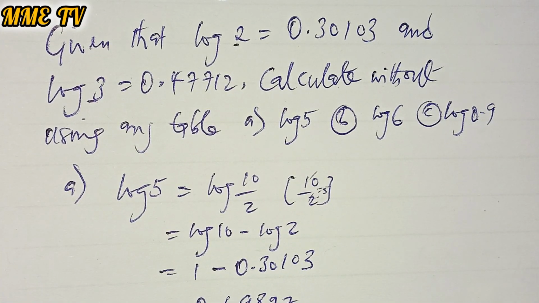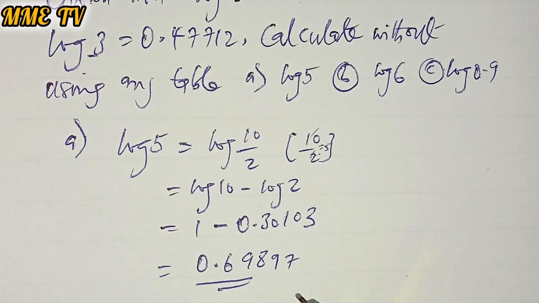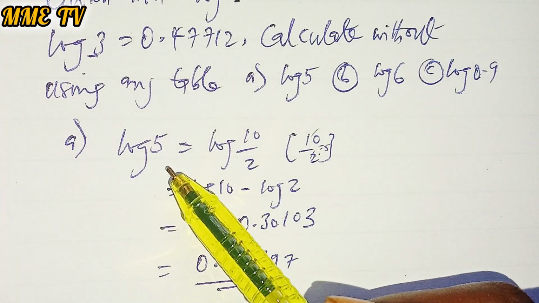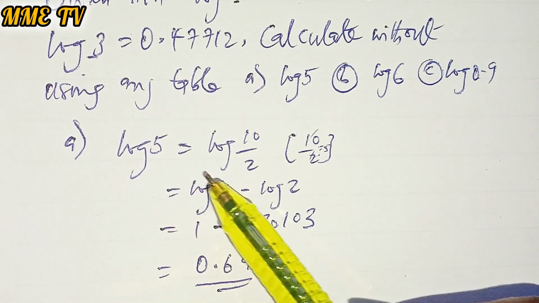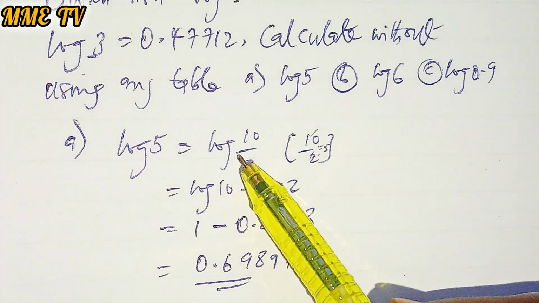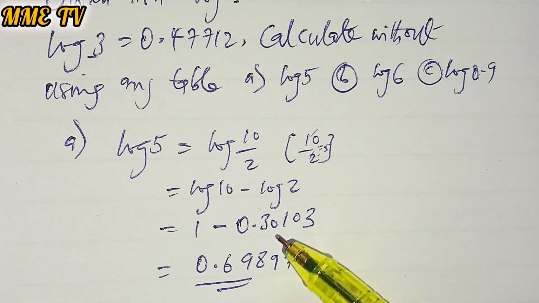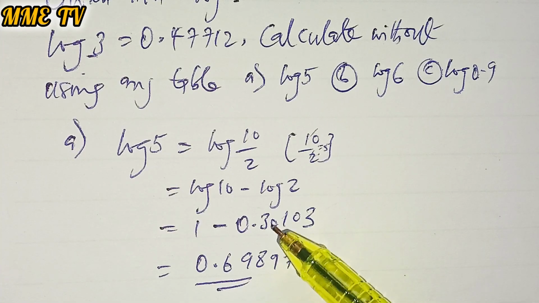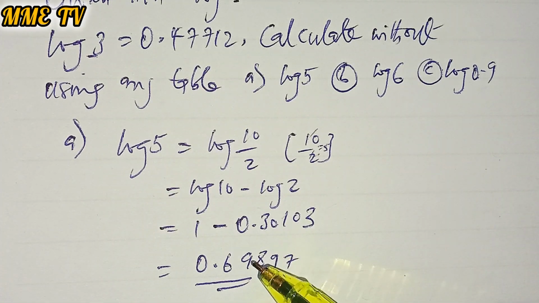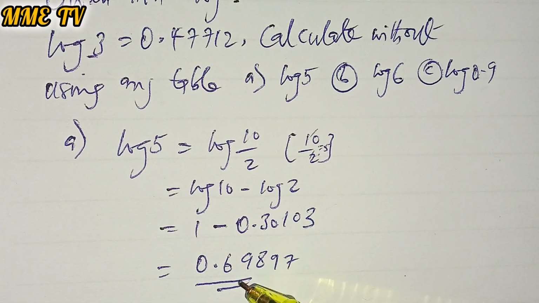That's the value. Now, if you recall, you will notice that log 5 is equal to this. This means that what we have devised enables us to find a value without using a calculator, and we will get the exact values which we are going to get using a calculator.